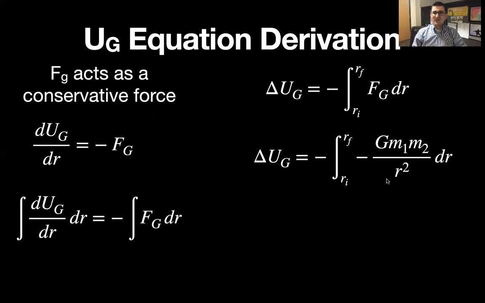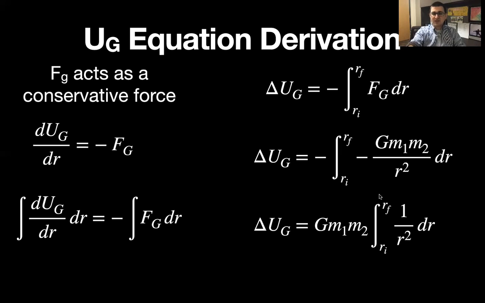Before, we said the force of gravity points down, which we typically say is negative. Now, since we're doing more universal stuff, we say that the negative direction is pointing in, or towards the planet. That's why I have this negative here.